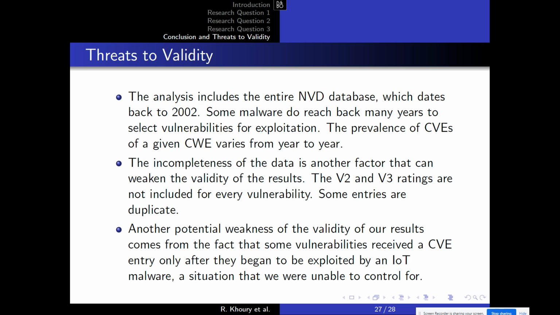Another potential weakness of the validity of our results comes from the fact that some vulnerabilities receive the CVE entry only after they began to be exploited by IoT malware, and we were unable to control for that. So this is a weakness in the first part of research question 1.